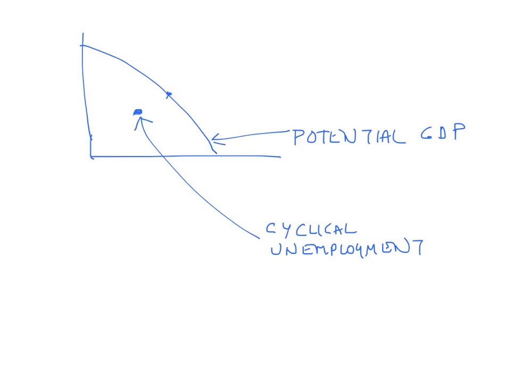And any change in GDP is going to be reflected here. So a drop in GDP is going to be moving this way. An increase in GDP is going to be moving that way. The potential should be shifting out over time in this direction.